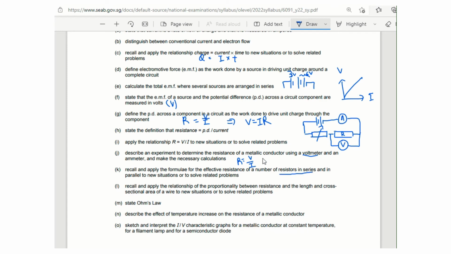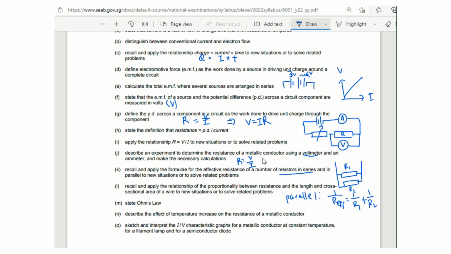If the resistors are parallel to each other, for example, I have two resistors here, R1 and R2, to find effective resistance, I'll make use of this formula: 1 over R effective equals 1 over R1 plus 1 over R2. From there, I can find the effective resistance. So this is for parallel.